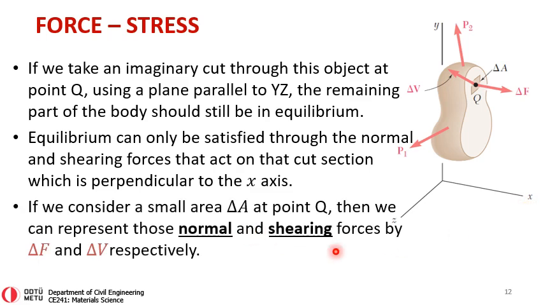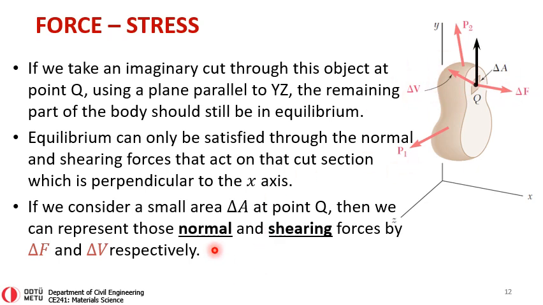Now, if we consider a small area, delta A, at point Q, then we can represent those normal and the shearing forces by delta F and delta V respectively.